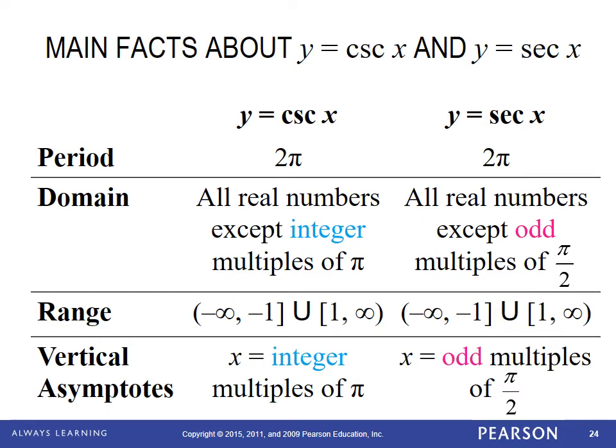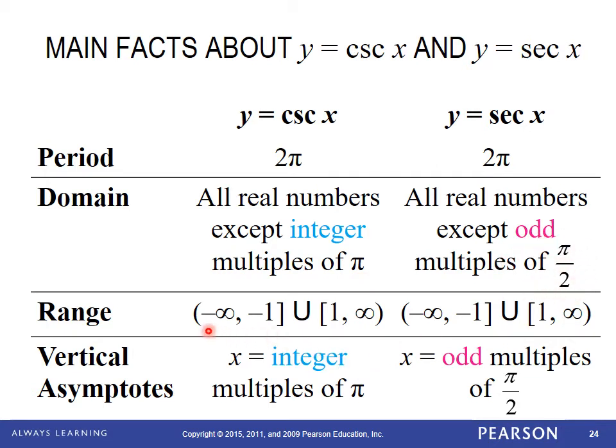Some properties here that you may want to read through. Maybe take a look at your piece of paper to see where things are here. So again, cosecant and secant both have periods of 2 pi. The domain is all real numbers except for those vertical asymptotes, so except integer multiples of pi, except odd multiples of pi over 2.